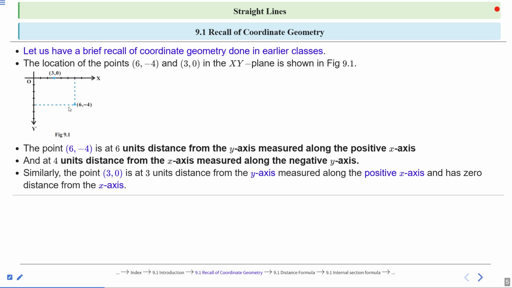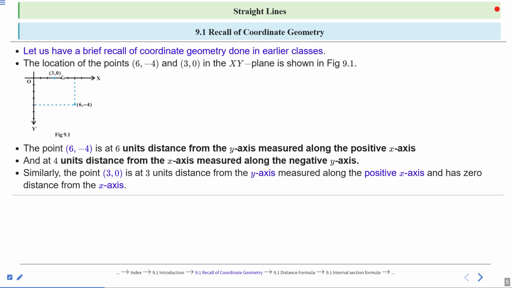Similarly, the point (3, 0) is at 3 units distance from the y axis, measured along the positive x axis, and has 0 distance from the x axis.